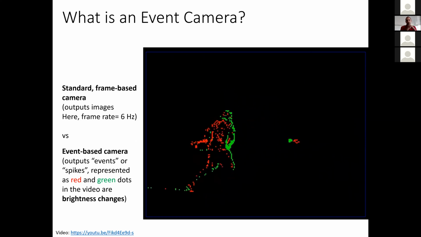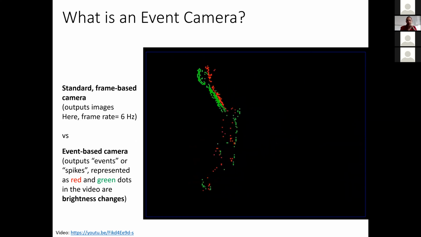What we see is also that only the pixels that are actually changing on this part of the image plane of the field of view are producing these so-called events, which are brightness changes. The rest, the ones that are not changing intensity, don't produce this signal.